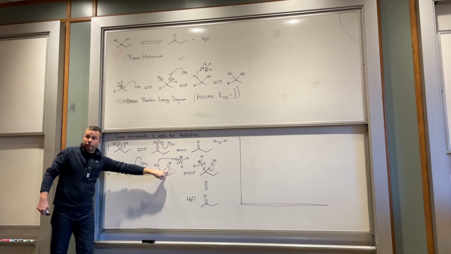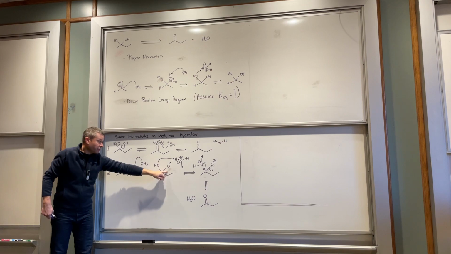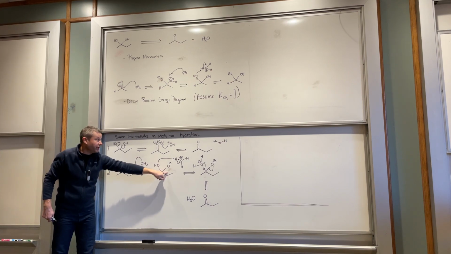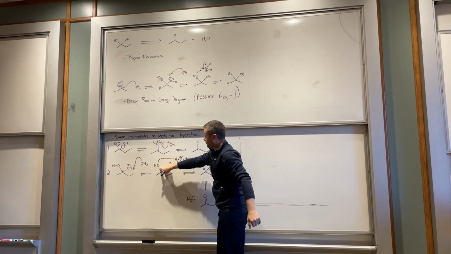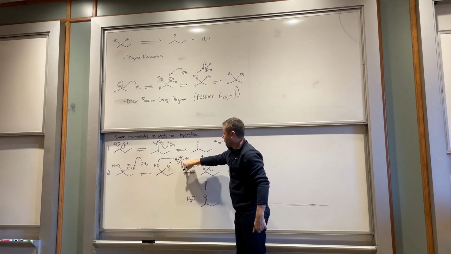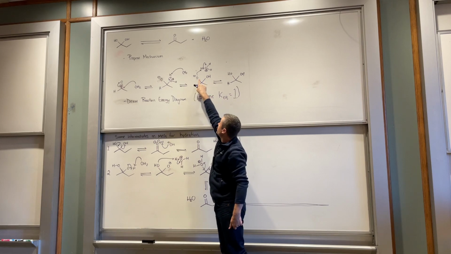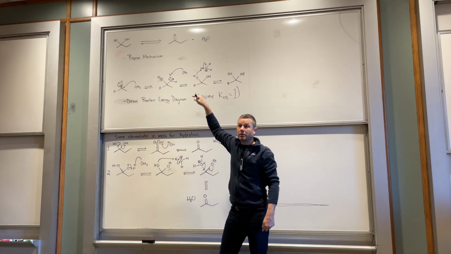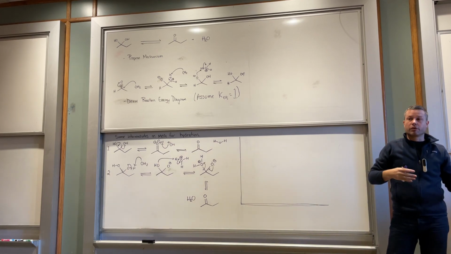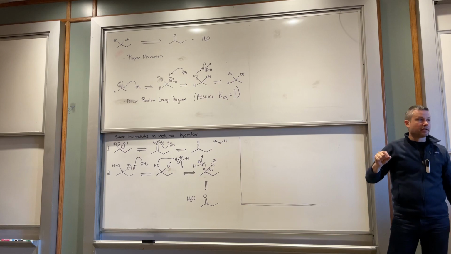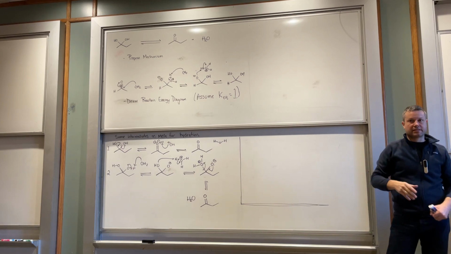As we move over here in the reverse direction, the second intermediate is going to be the same as the third intermediate up here. So we have an OH group, an O minus group, and a hydronium. Right, so the intermediates going forward and going in reverse are going to be exactly the same. It's just a matter of how you rationalize the electron movement to get to the next step in the mechanism.